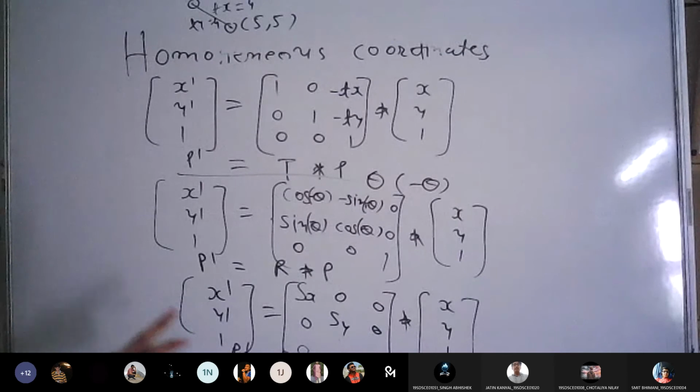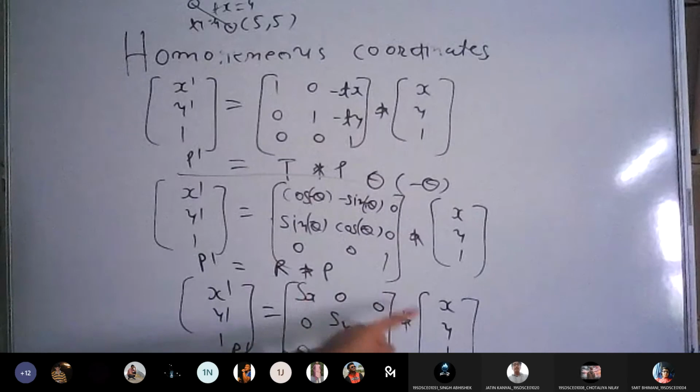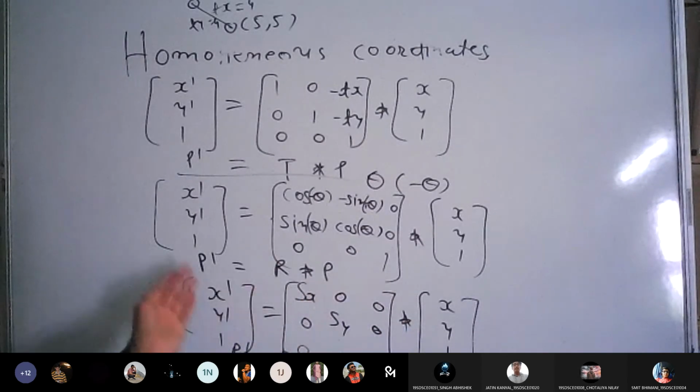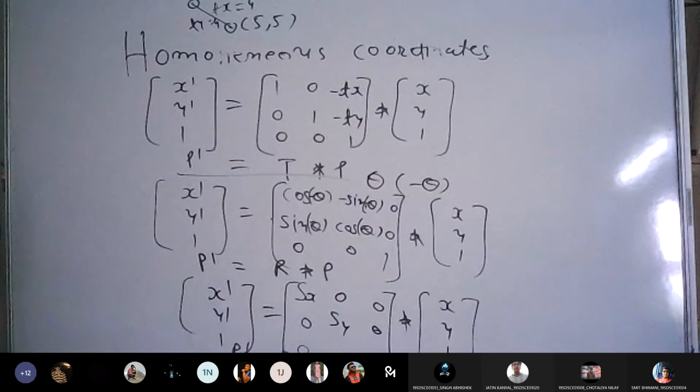I am multiplying scaling factors with the original coordinates x and y. Here you can see I am multiplying sx with x and sy with y. So whatever I am multiplying, I need to divide it to get the original object again. The scaling I get here I have to reduce, so I need to divide it.